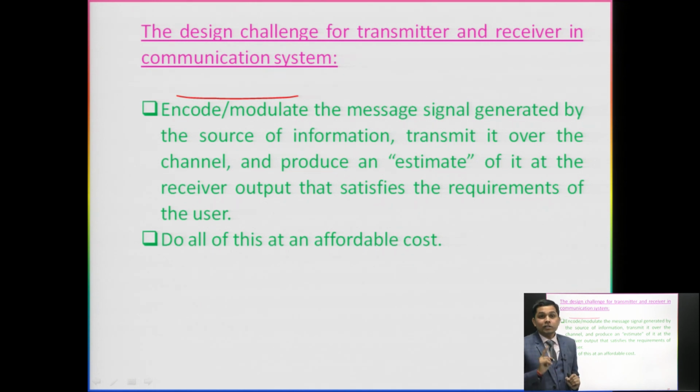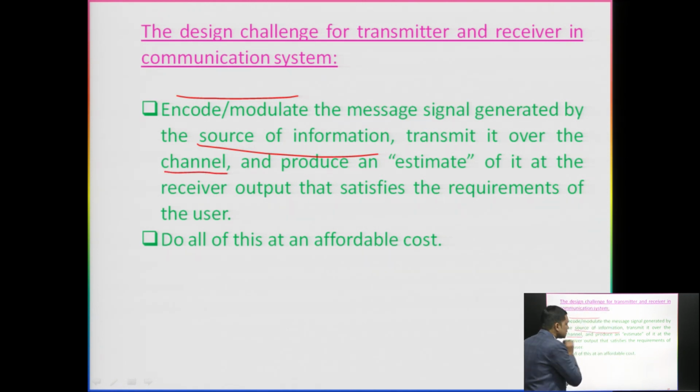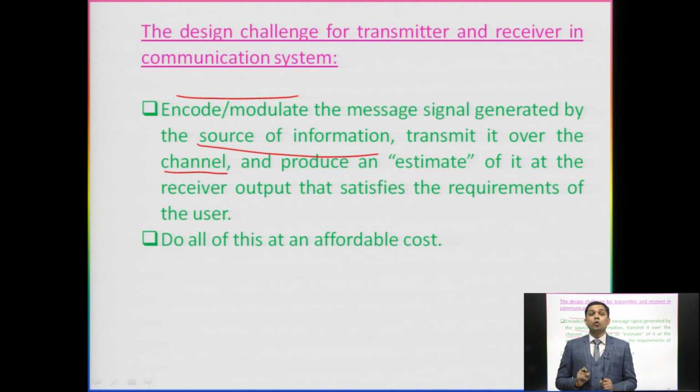The original signal generated by the source of information is modulated or encoded by the transmitter, is transmitted over the communication channel, and produces an estimate of it at the receiver output that satisfies the requirement of the user.